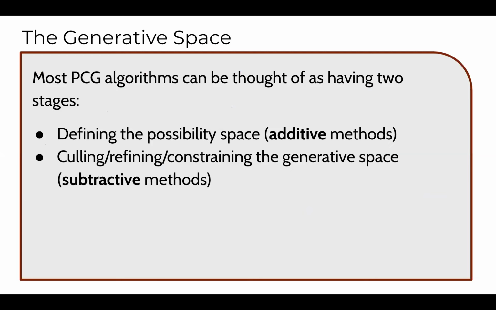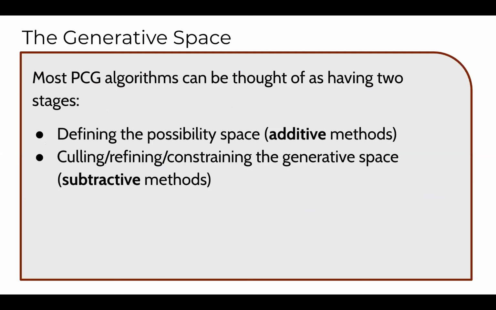So examples of some techniques that we're going to talk about in the course are directed randomness and grammars for additive techniques. And in the subtractive category, basically these are all methods of searching through the generative space or the possibility space. With evolutionary algorithms, you're doing an iterative process with some randomness involved in order to search through that space for artifacts which meet a certain threshold of quality.